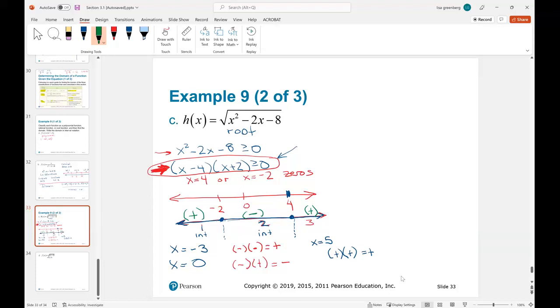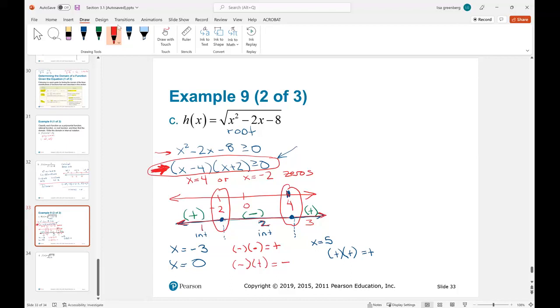I hope you understand what I did here. Let me go back through it. I factored, I found my zeros. Here are my zeros. My zeros are at -2 and +4. And then I just plug numbers in on each interval. There are 3 intervals because -2 and 4 are dividing up this number line.